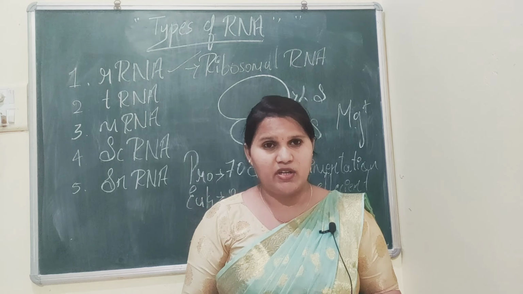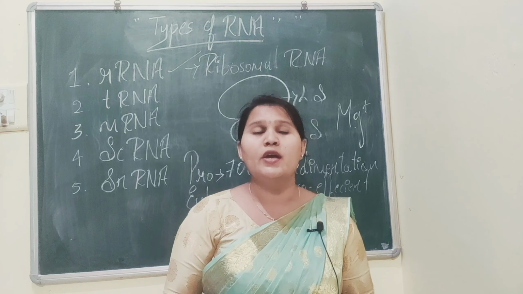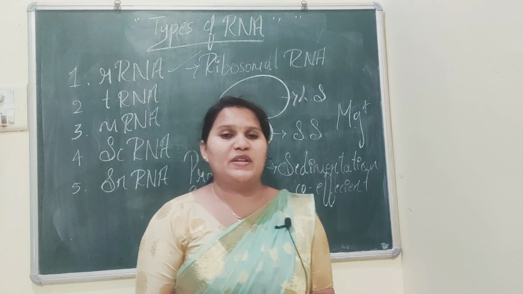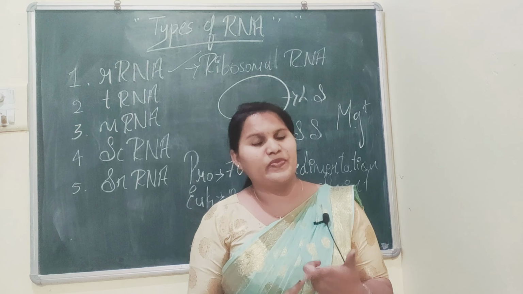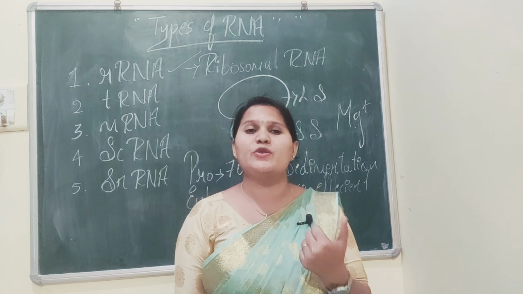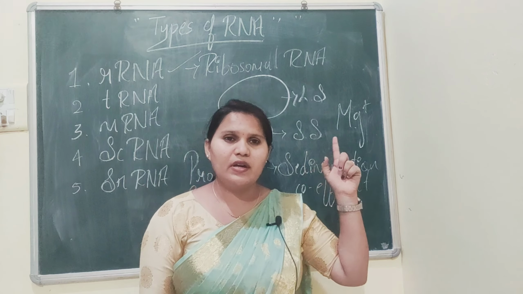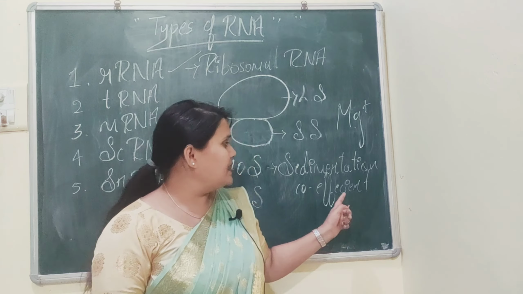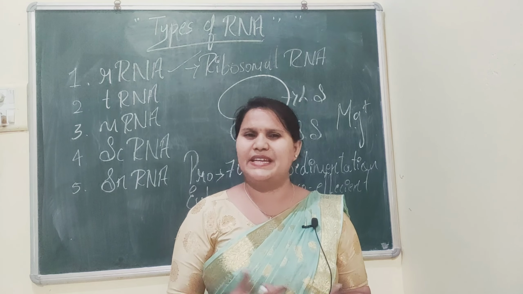What does it measure? It measures the density and also the size of the ribosome. Hence we call it the sedimentation coefficient, where it measures the size and density of particular ribosomes. Clear? This S can be asked in your MCQs and also in some CET.